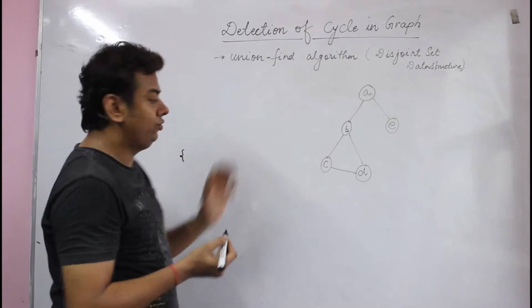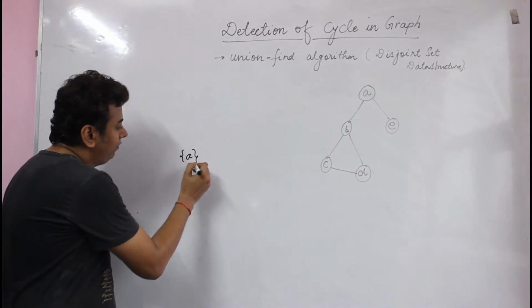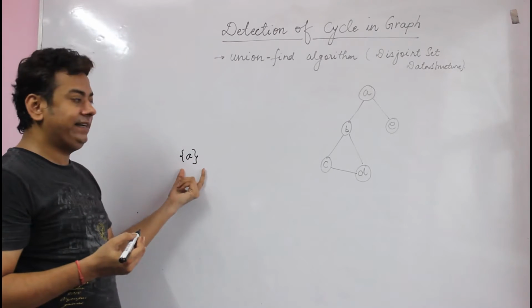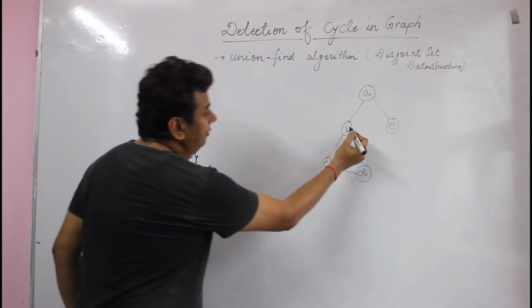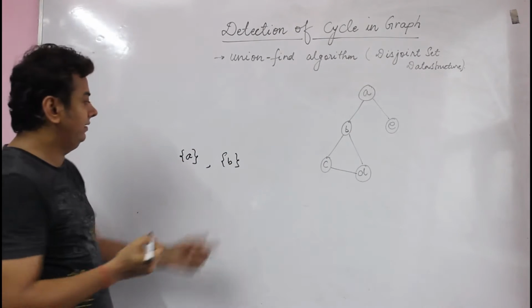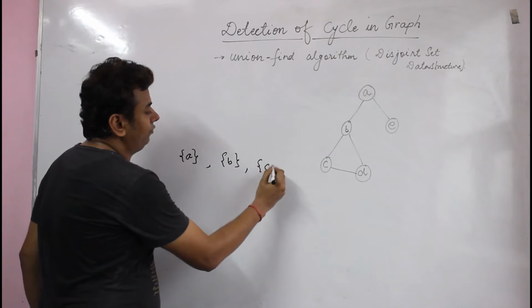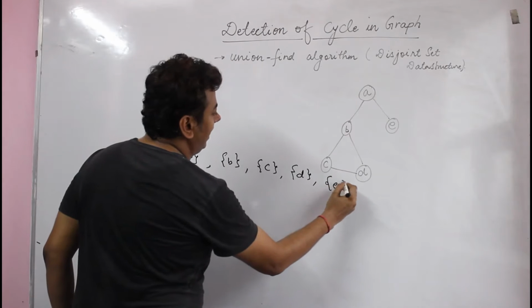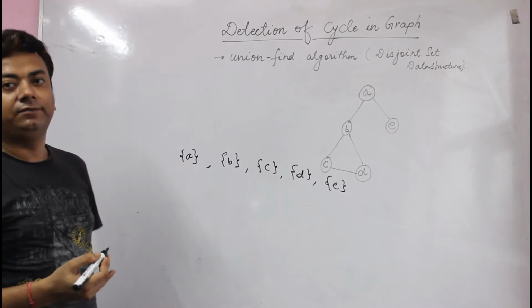Node A forms one set. Node B will have another set. Similarly for node C, node D and node E.